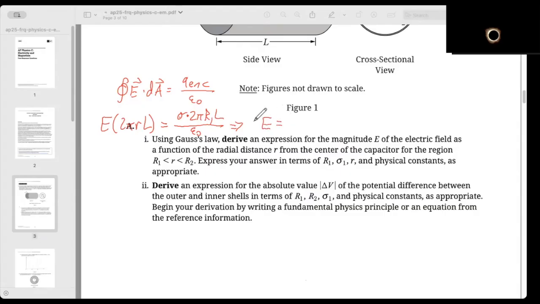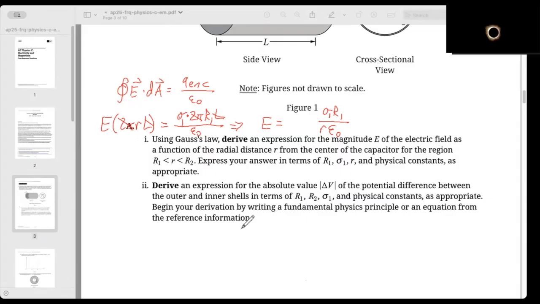That implies that your electric field is going to be given by sigma 1 r1 over r epsilon naught. That is exactly what I expected it to be. And this should all be sigma 1, by the way. Yeah, that's very easy, actually. You just create a Gaussian cylinder, length will cancel out. All of the charge is on the area of the inner cylinder, and there you go.